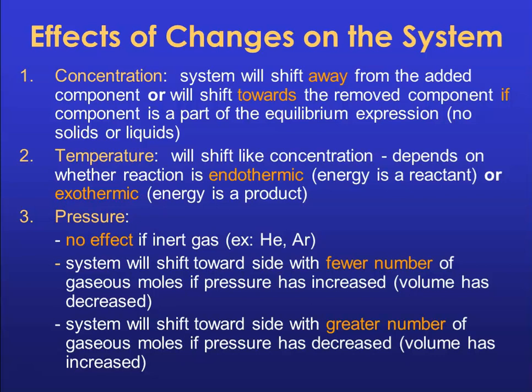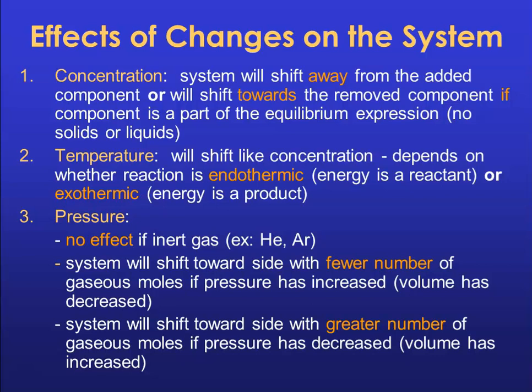However, if you do have a chemical reaction that has a different number of moles of gases, and you decrease the volume, which would result in an increase in your pressure, you're going to shift the equilibrium towards the side with a fewer amount of gaseous moles, since you now have less space for them to occupy.